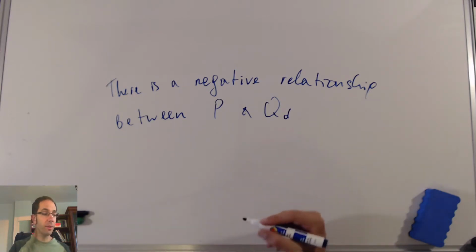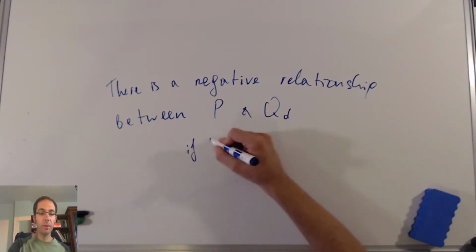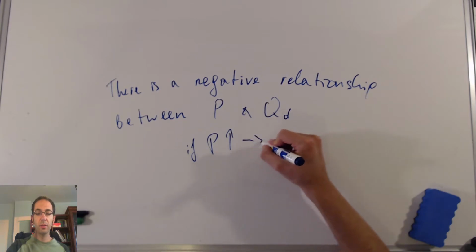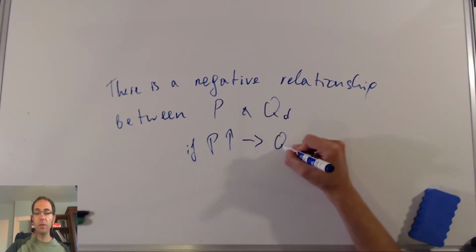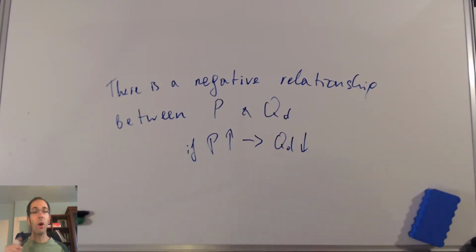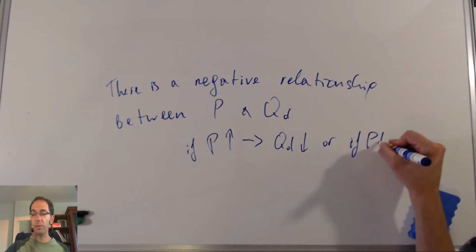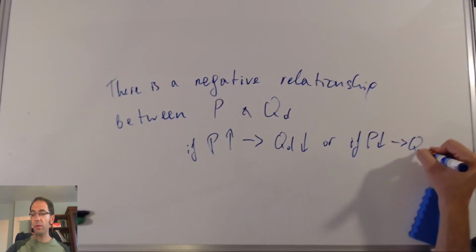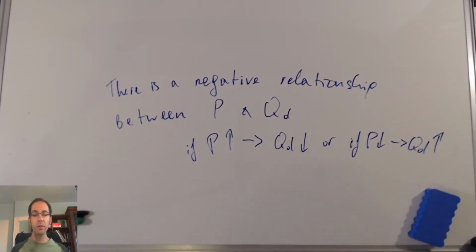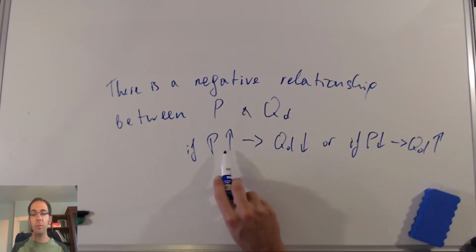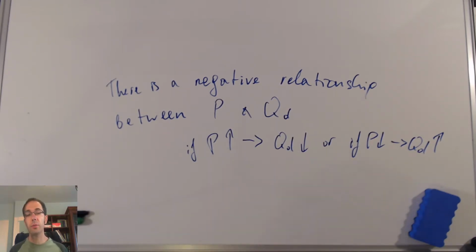So this effectively means that if the price increases, the quantity demanded will fall, all else being kept equal, or obviously if P falls, quantity demanded will increase. So you see there is a negative relationship. They move in the opposite direction, effectively, that's what it means.